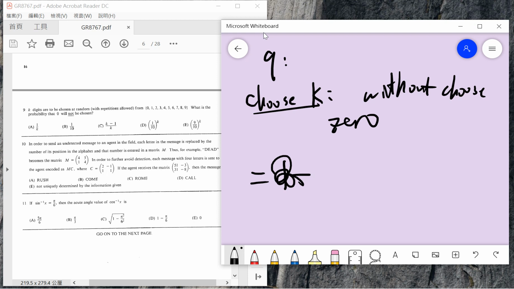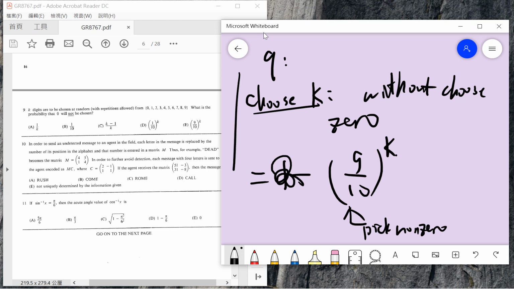For each time you have a 9 over 10 chance to pick a non-zero digit. But you have K times, so you take the power K. So this is the answer.